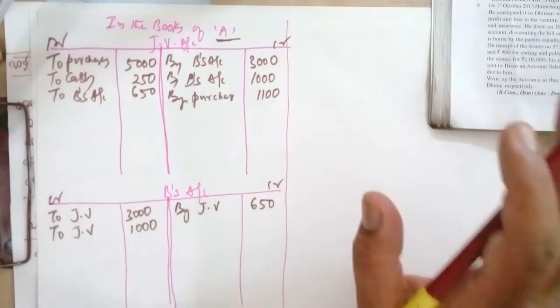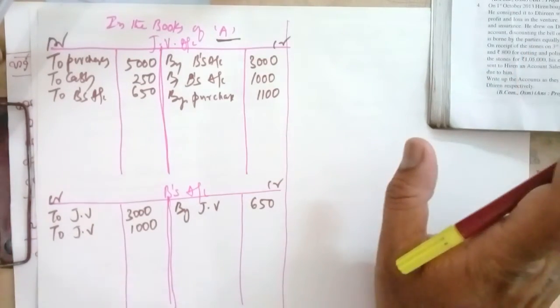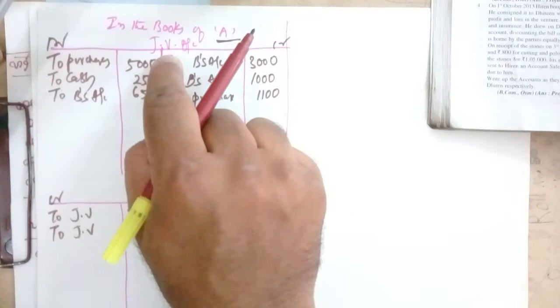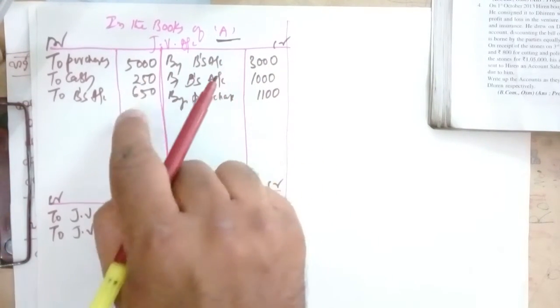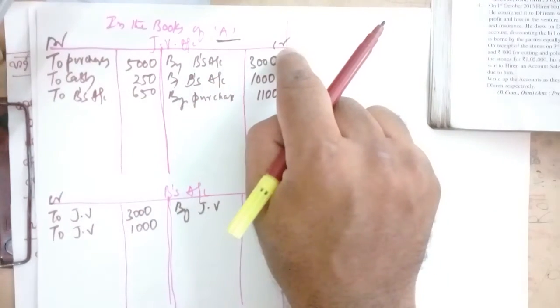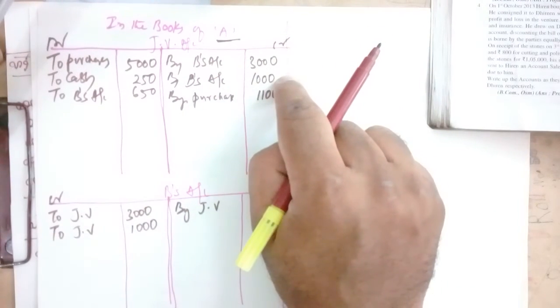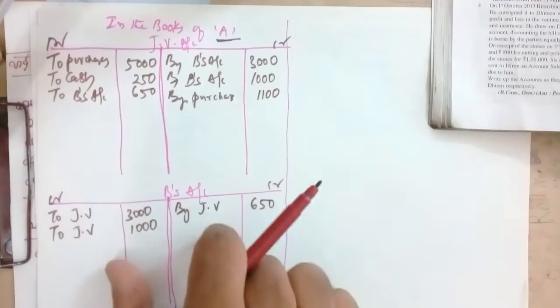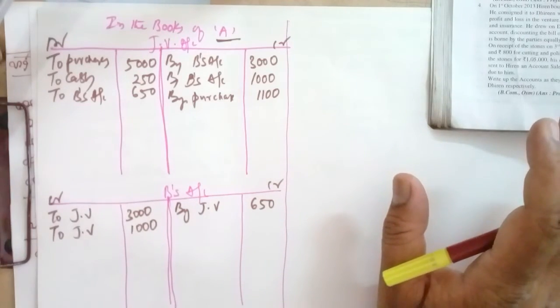So like this the joint venture is done. A brought the material 5,000, A incurred the expenditure, B incurred the expenditure, B sold the material, B took over some part of the closing material, and the balance of the material A took over. Right? Like this we have recorded all the transactions.